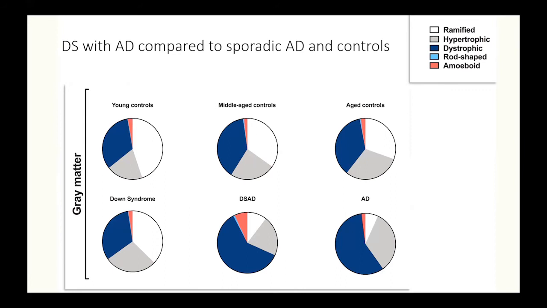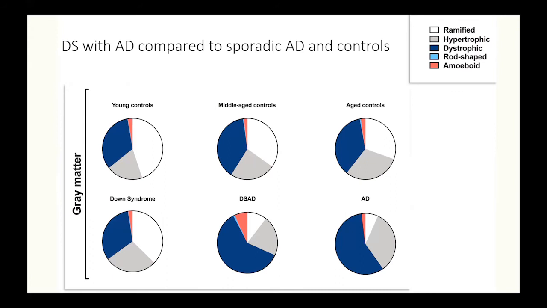Now when we look at Alzheimer's disease, we're seeing far more dystrophic microglia, lower numbers of resting microglia, and not surprisingly, lots of hypertrophic microglia. So here's what surprised us in Down syndrome. When we looked at younger Down syndrome cases without AD pathology, they looked very similar to young controls.